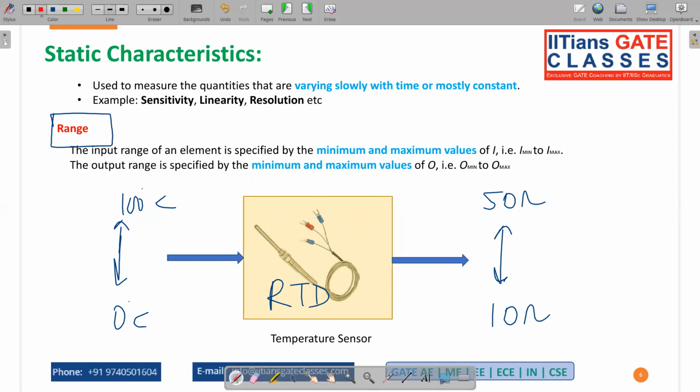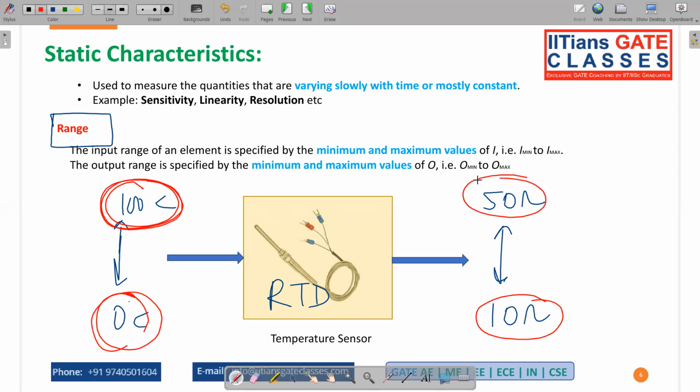So what is the range? The input range is from 0 degree Celsius to 100 degree Celsius. The output range is 10 ohms to 50 ohms. So if somebody asks you the range of the sensor, you can define it either in terms of input range or in terms of output range.